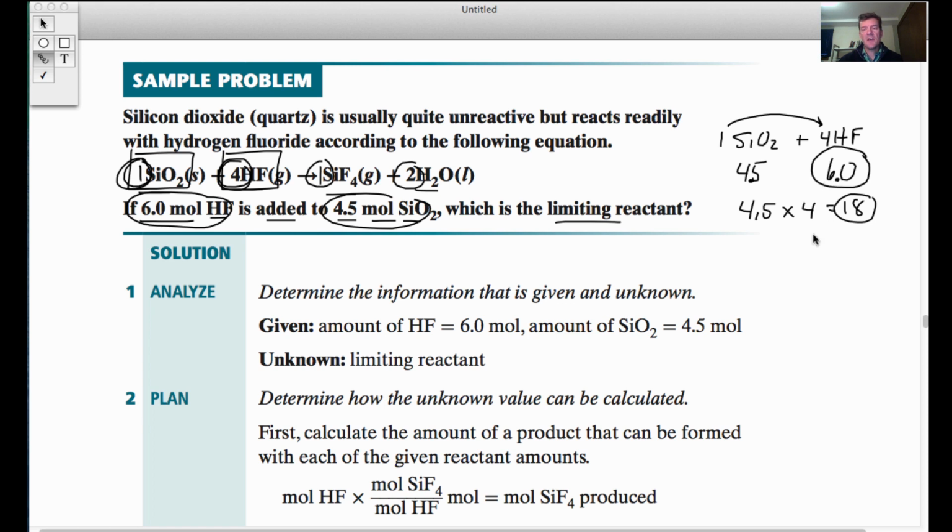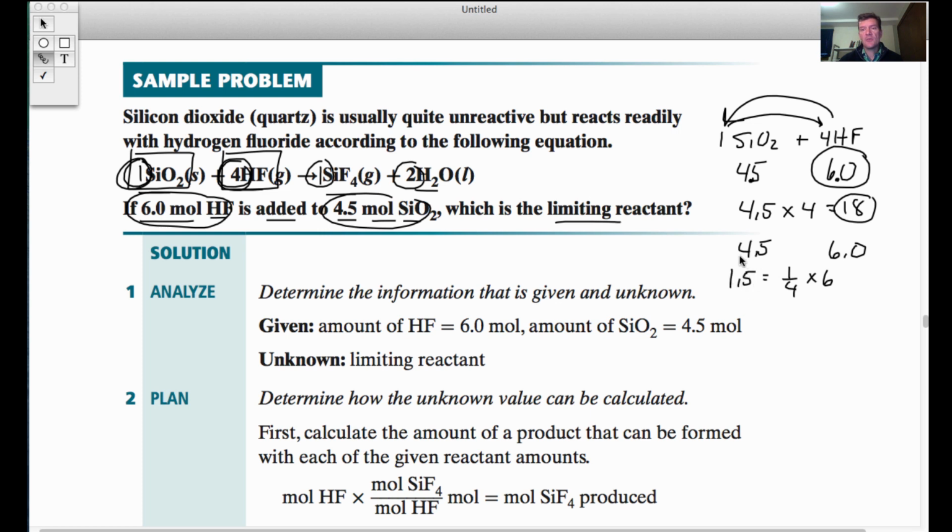Okay? If you want to go the other direction, again, use the 6 and the 4.5. Go this way. The HF is 4, the SiO2 is 1. The SiO2 is a fourth of the HF. So what if I go this direction? If I take 6 times 1/4, well, 6 times 1/4 is 6/4, which is 1.5.